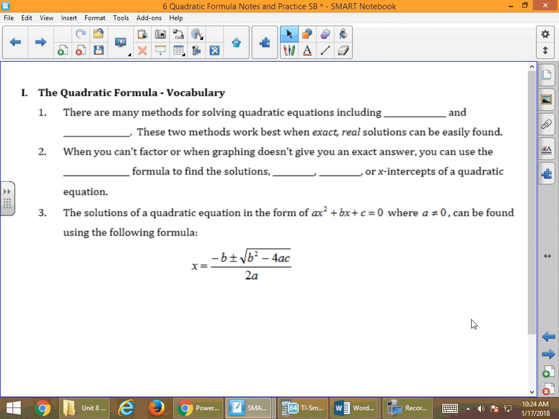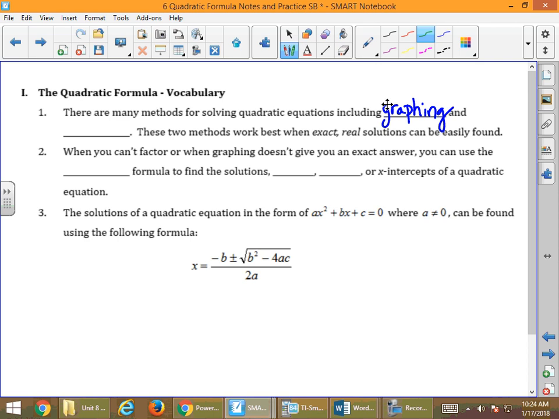So a couple things about quadratic formula, and actually this entire unit is all about solving quadratics, and we've learned about 2 of the methods so far. And one of the methods that we've learned about was graphing. We just did that on this last problem, or the first problem here in the notes. We solved by graphing.